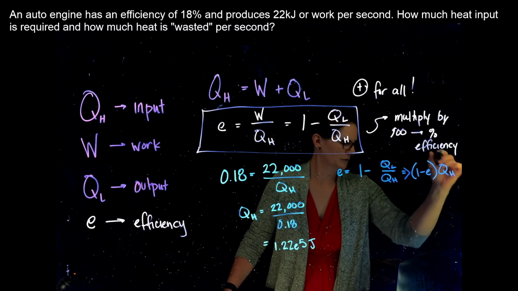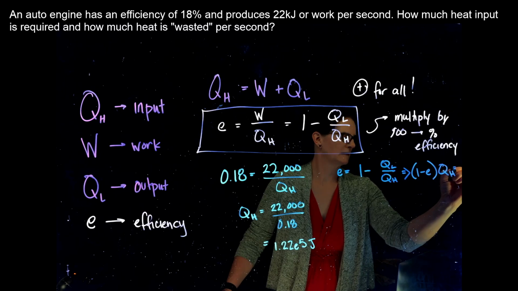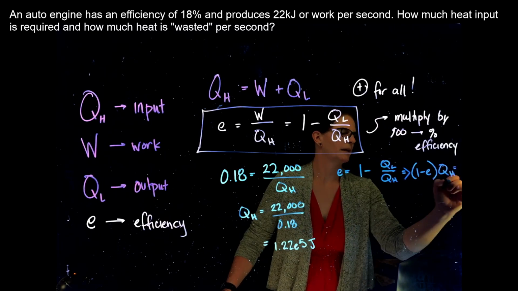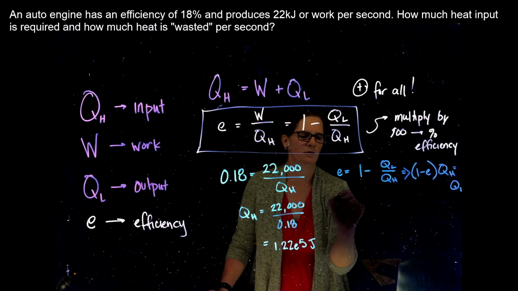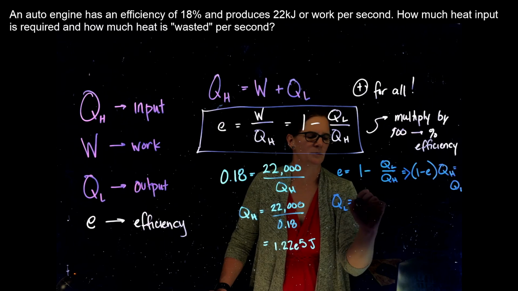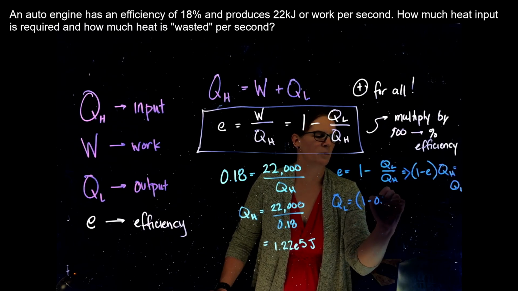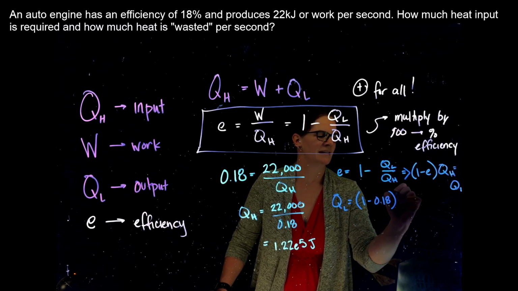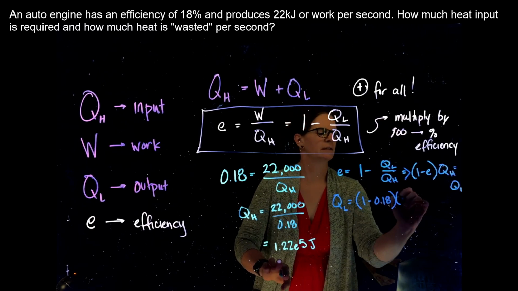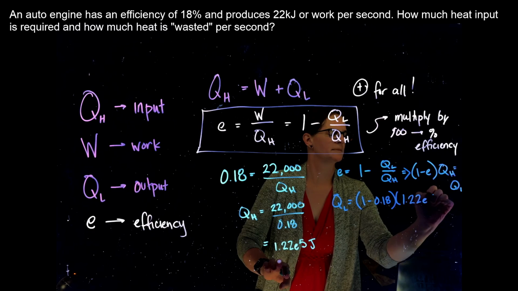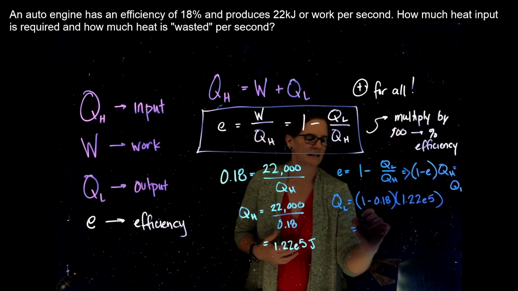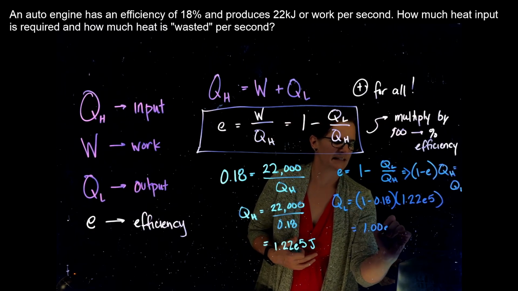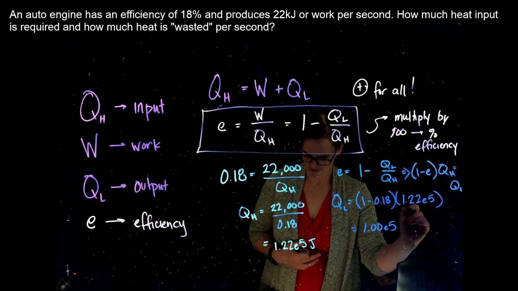This is equal to QL. Perfect. All right, so QL is equal to 1 minus 0.18 times my QH, 1.22 times 10 to the 5th, and my loss to the environment is 1 times 10 to the 5th joules.